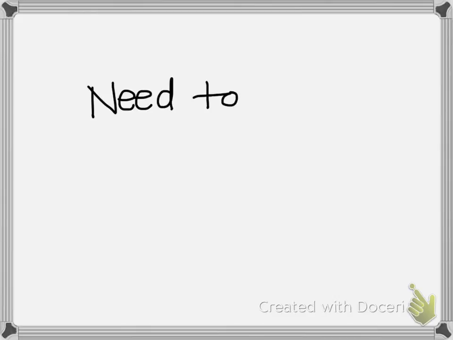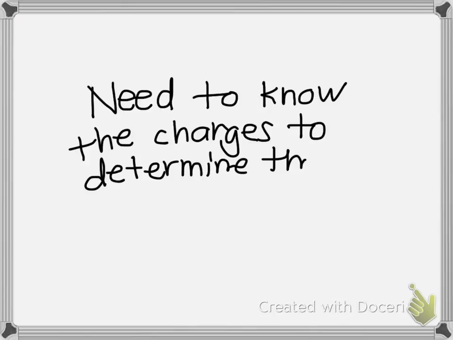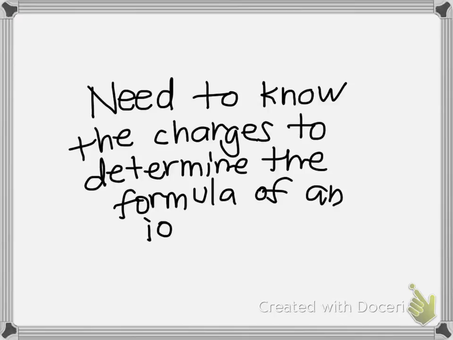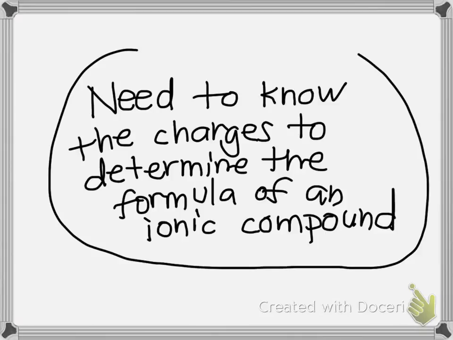Need to know the charges to determine the formula of an ionic compound. So if you're being asked to figure out the formula of an ionic compound, be sure you know the charges.